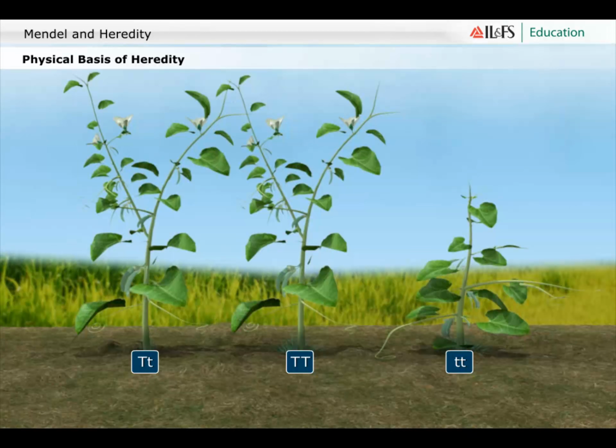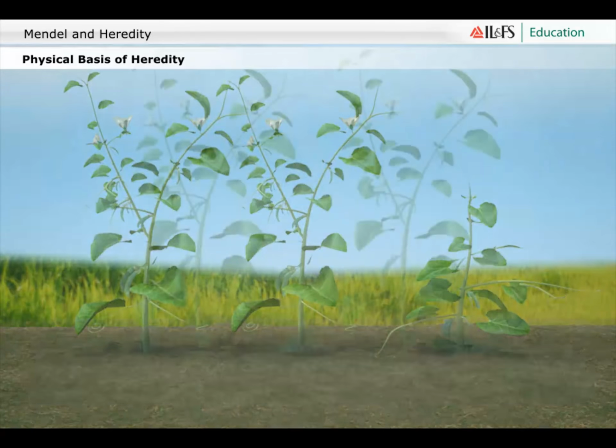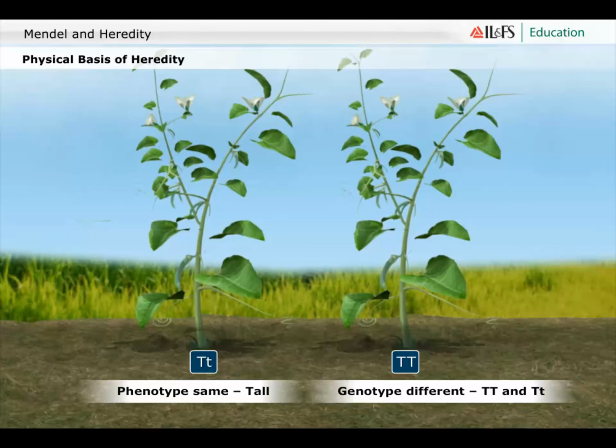Scientists have termed this outer expression of a trait in an organism, such as tallness or shortness, as phenotype, whereas scientists have termed the genetic expression of a plant for a particular trait as genotype. All this simply means that since both the plants are tall and outwardly look the same, their phenotype is the same. However, their genetic makeup or genotype regarding their height is not the same.